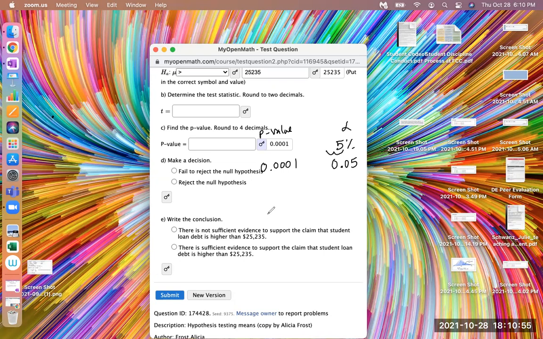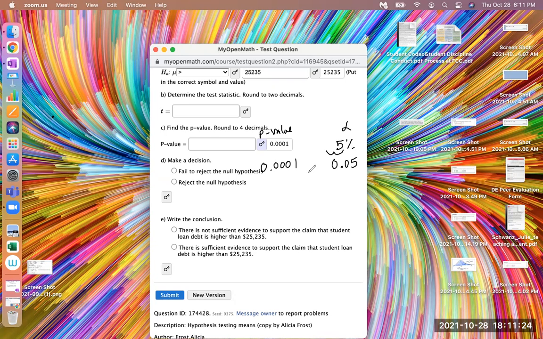And I always ask myself, what's the question that we need to ask? Is P greater than alpha? Good. So if P is greater than alpha, you do not reject the original value.